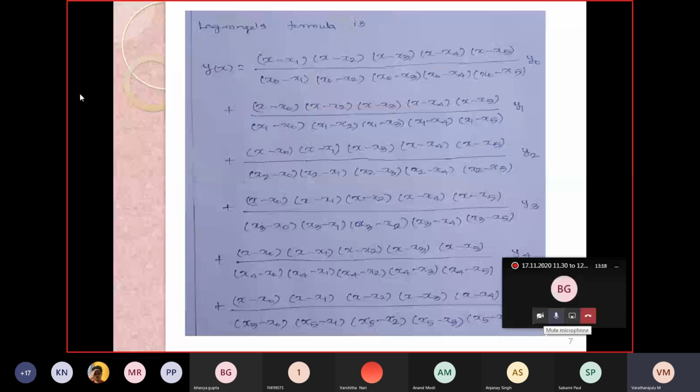When we are having y5, then we need to extend our formula till y5. If your n is equal to 2, then it is enough to keep your formula till y2.